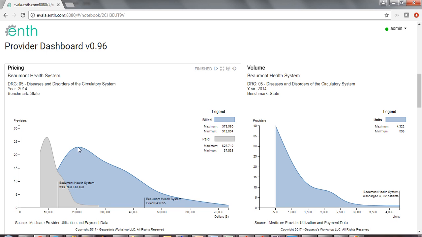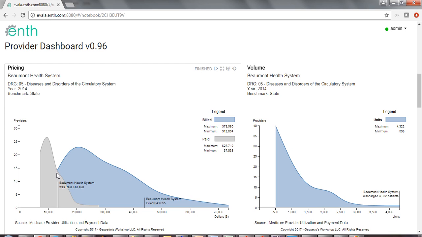We have about 24 providers that billed right around $20,000 per patient. So that's probably the more popular pricing. On the paid side, we have about 27 providers were paid about $10,000. And we can see that Beaumont, again, is on the leading edge. They were paid $13,400.